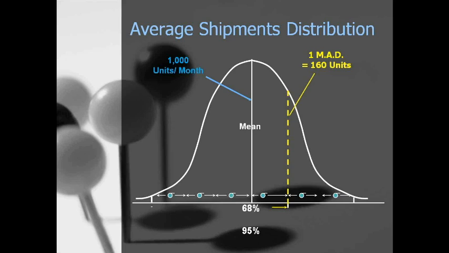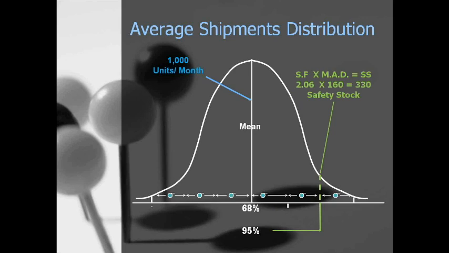Now, if management told us they wanted a 95% ship complete for this particular item, the formula for calculating how much safety stock you need is the safety factor, 2.06, that came from the previous chart, times the mean absolute deviation, which we calculated a few minutes ago, of 160 units. 2.06 times 160 is roughly rounded to 330 units of safety stock.